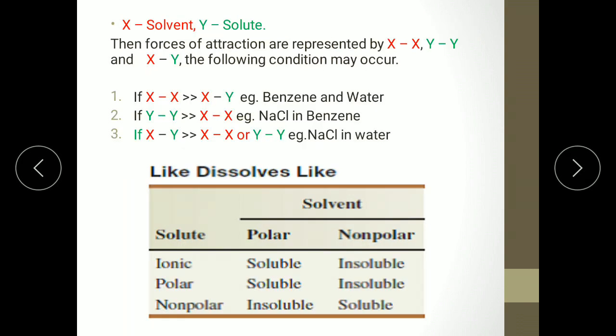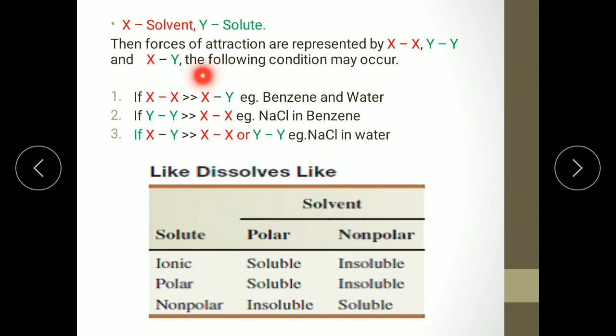Next, suppose X is a solvent and Y is a solute. There are three forces of attraction represented here. XX means force of attraction between solvent itself. YY means force of attraction or bonding between solute itself, and XY is the bonding between solute and solvent.